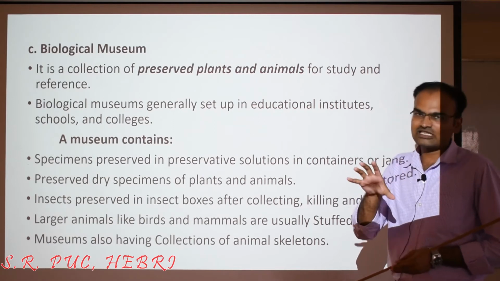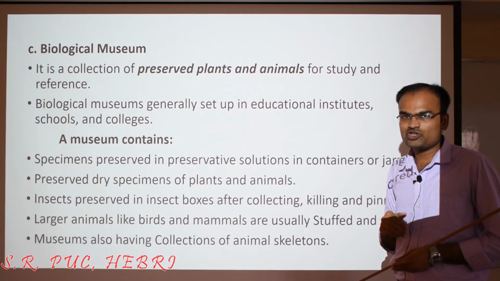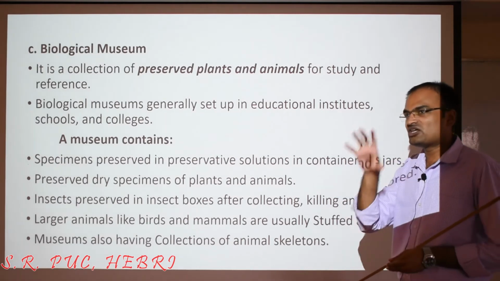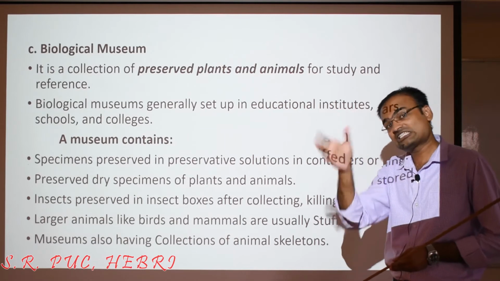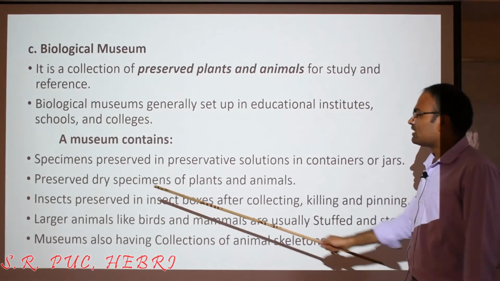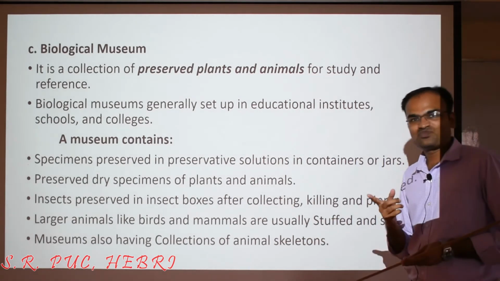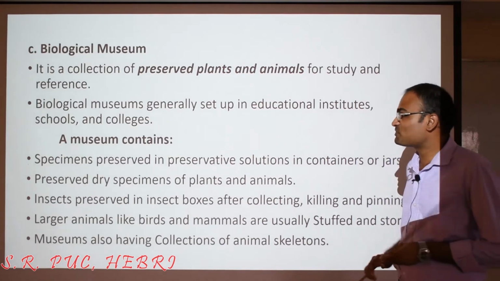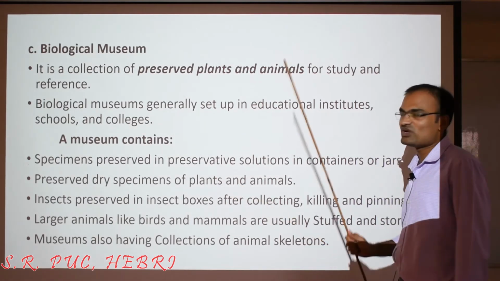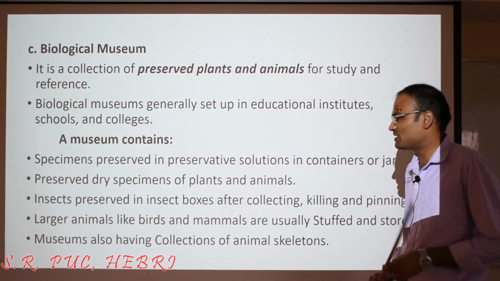In that solution, the different plant and animal specimens are stored in jars or containers, commonly made of transparent glass. We can also observe preserved dry specimens of plants and animals. In the biological museum, we are not only going to observe specimens in preservative solutions, we are also going to observe dried specimens of both plants and animals.